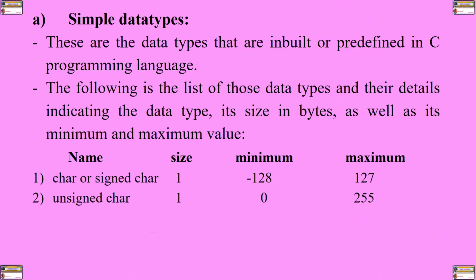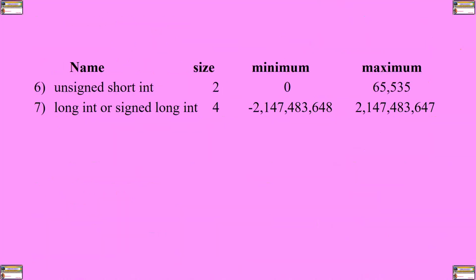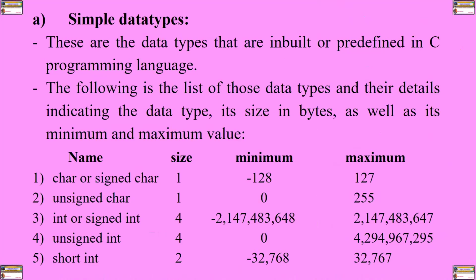As you can see, between long int and int, and between long int and unsigned int, there's a whole difference. If you look at long int, it will allow a maximum of 2 billion. But if you look at unsigned int, it will allow a maximum of 4 billion, 294 million, 967,295.